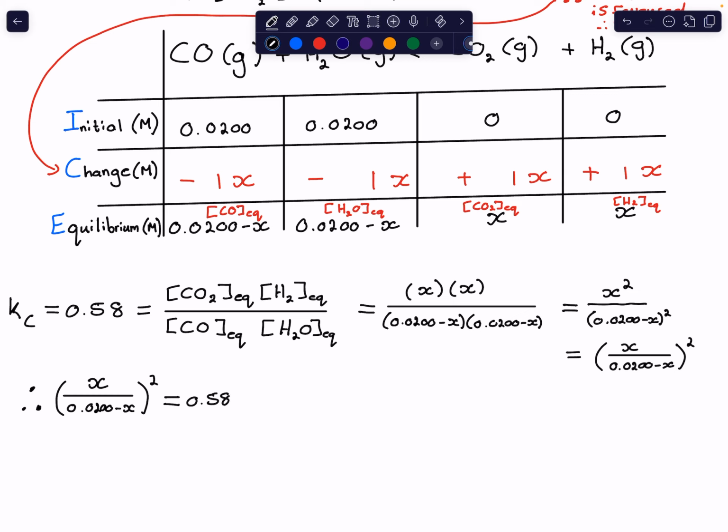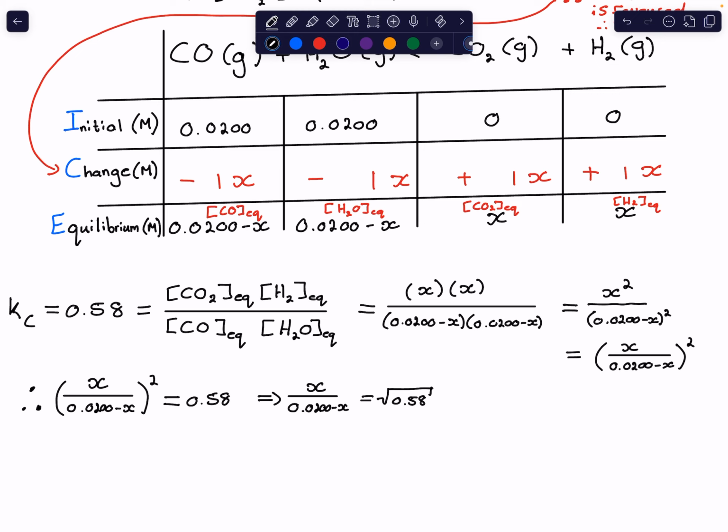So we can take the square root of both sides. That means x divided by 0.0200 minus x is equal to the square root of 0.58.